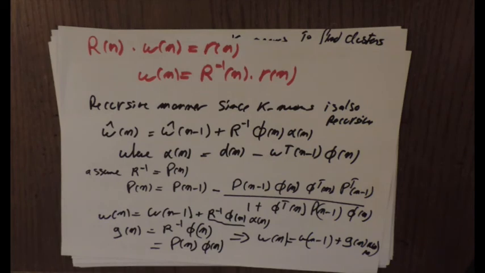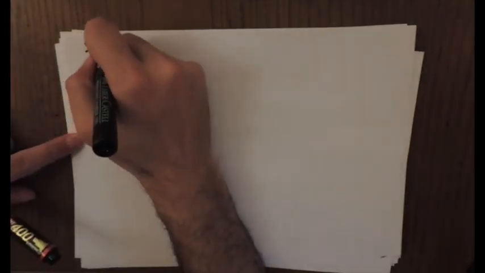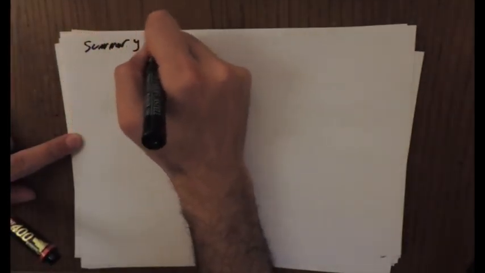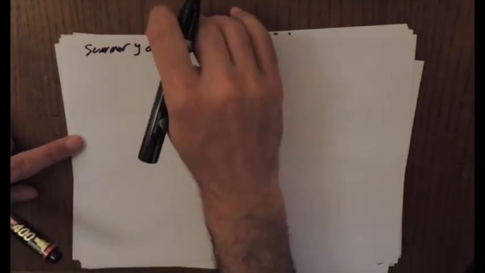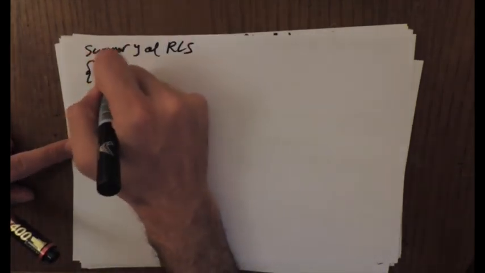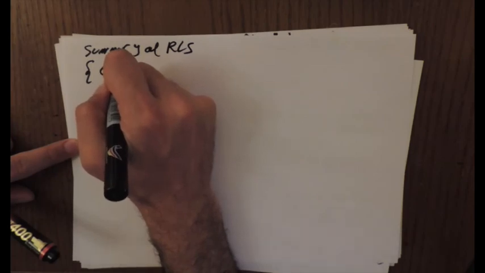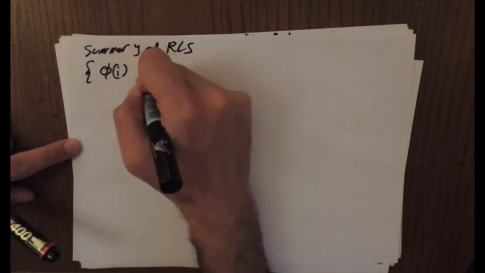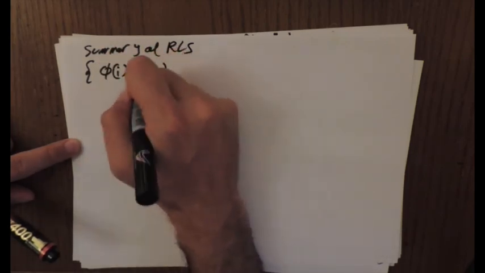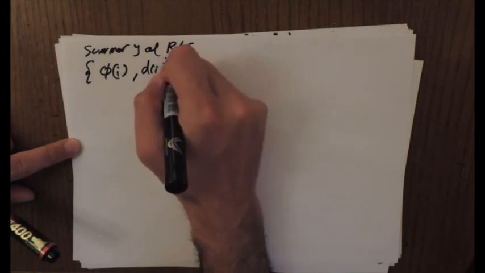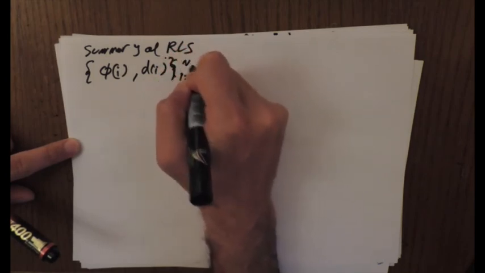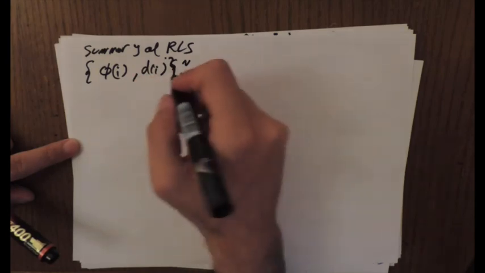So if I want to do a summary of this algorithm, summary of RLS, starting with phi of i, d of i, where i equal 1 to n, we do the following.